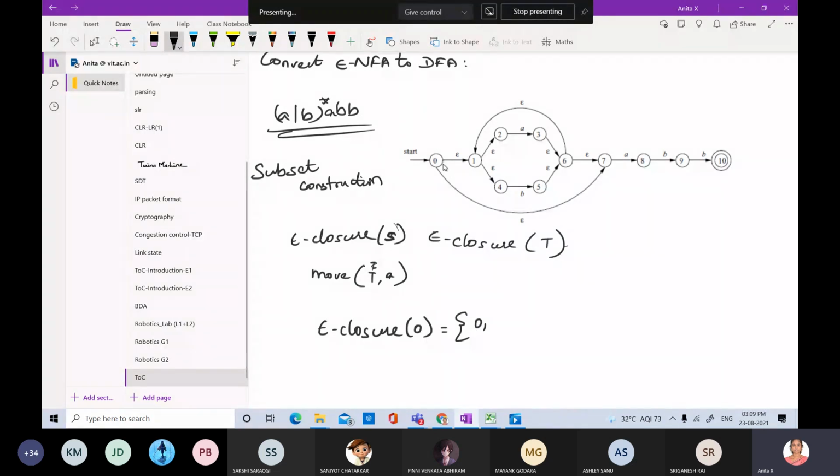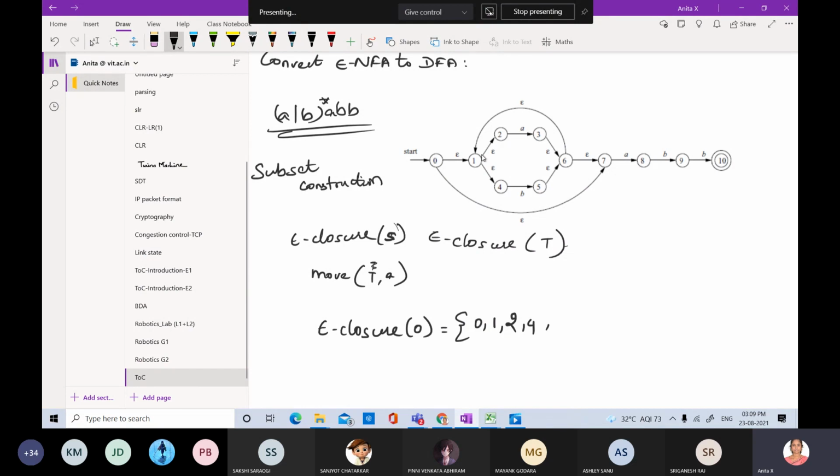The next comes from 0 and reachable to 1. So from 0, what are the states that are reachable by means of epsilon transitions? The entire path I am going to traverse with the epsilon transition, right? By epsilon transition, I am reachable to 1. From 1 by epsilon transition, I am reachable to 2 and 4.